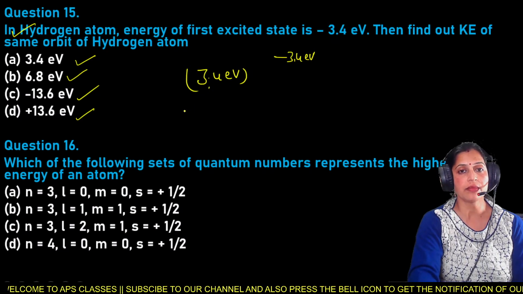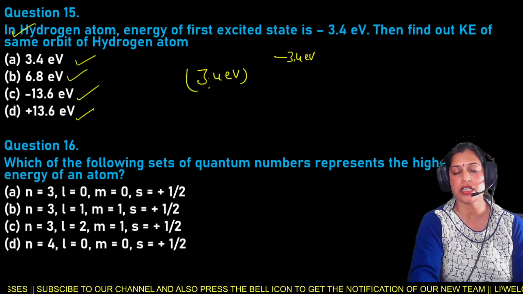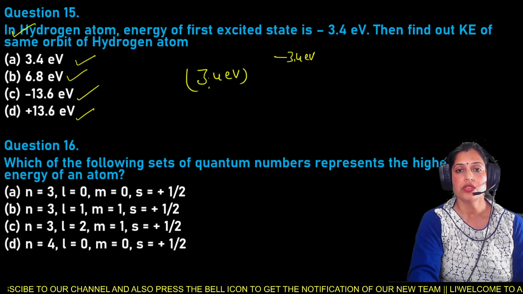For hydrogen atom, kinetic energy is equal to the negative of the total energy, and the potential energy is equal to twice the total energy.